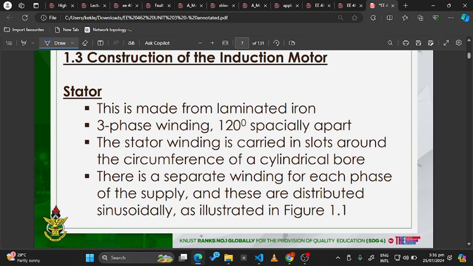When we talk about core losses, we are talking about hysteresis loss and eddy current loss. One of them depends on the thickness of the material, so you want to reduce the thickness in order to reduce the core losses. You can't prevent core losses, so what you do is reduce them.